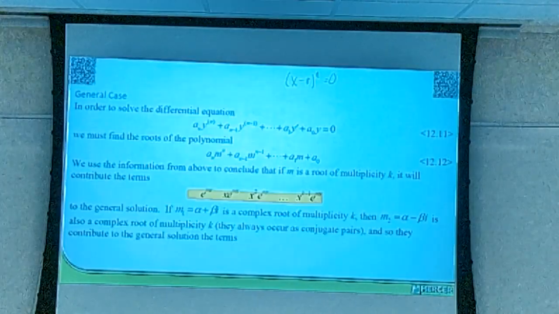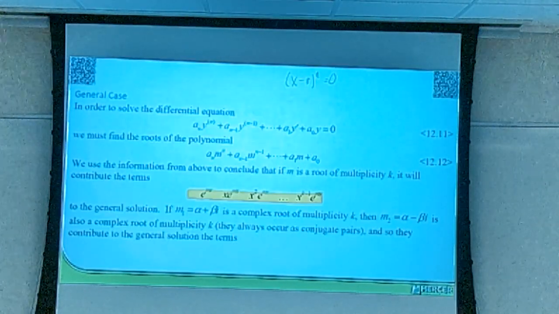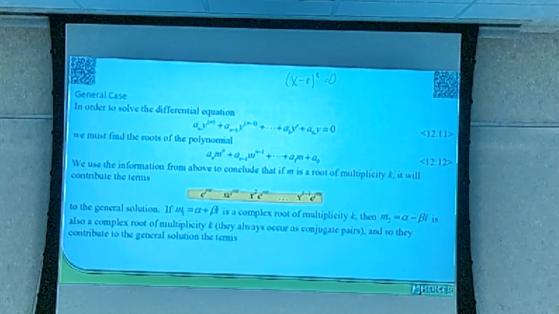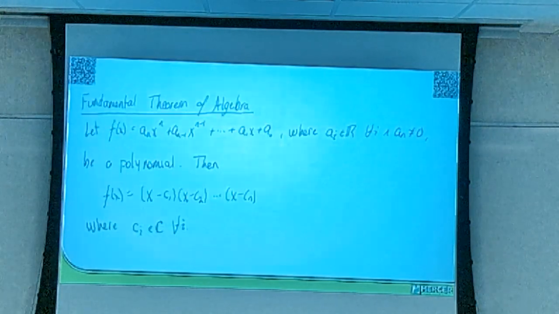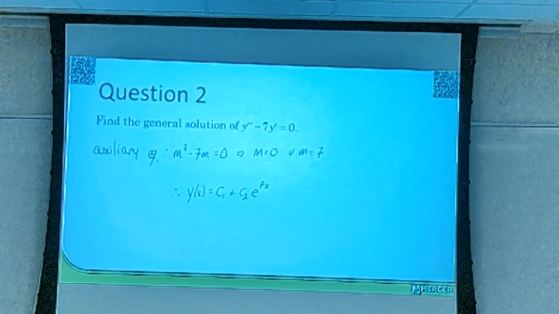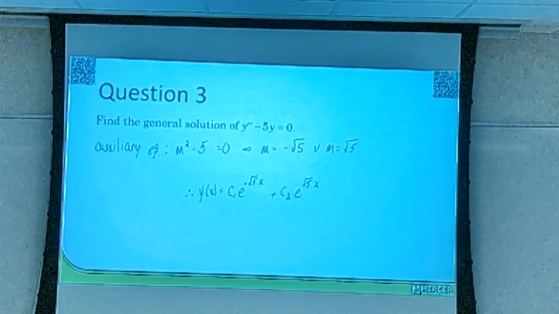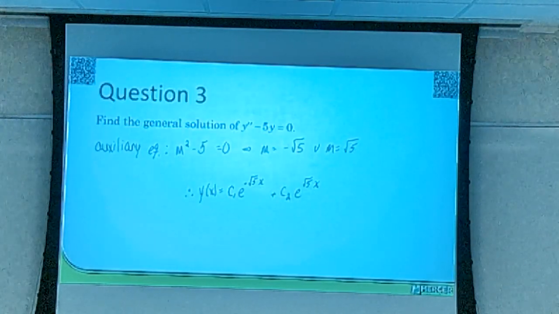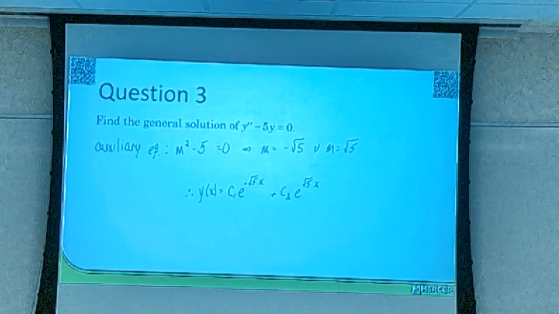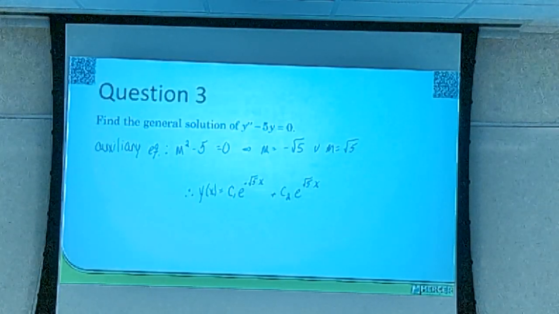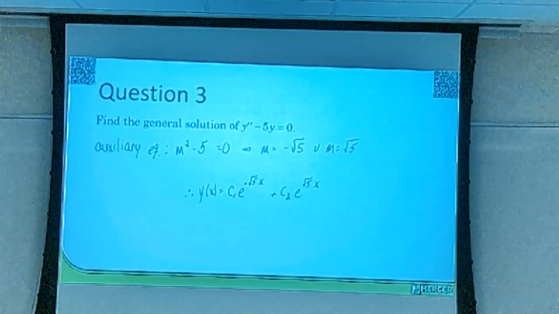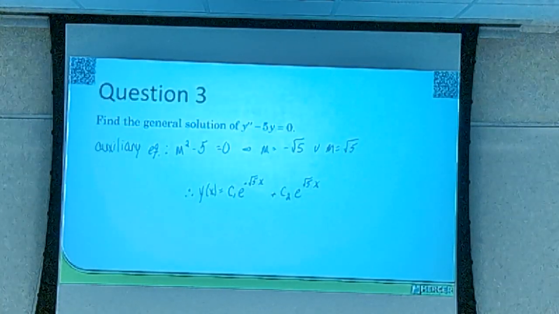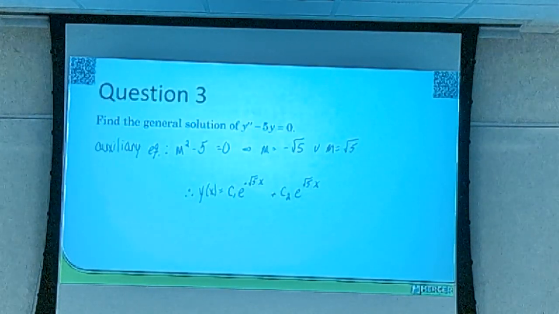And so your general solution should have n terms. Two terms, two terms, two terms, and they're all second order. It's kind of a good way to check. If I solve a fifth degree linear equation and you don't have 5 terms in your general solution, you got something wrong.